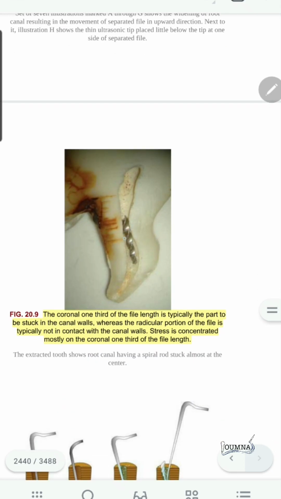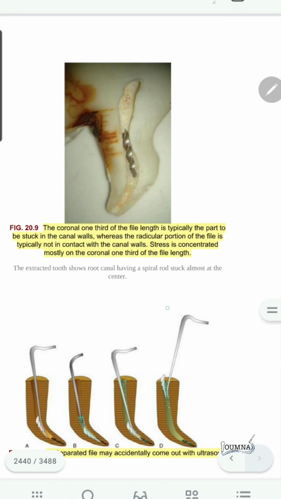We can see that the first portion of the file is usually the portion that is stuck, and the rest of the file is usually loose. So when we are doing the retrieval, we are working on this portion, this place. If you do the appropriate loosening, most of the time all of the file will come out of the canal.